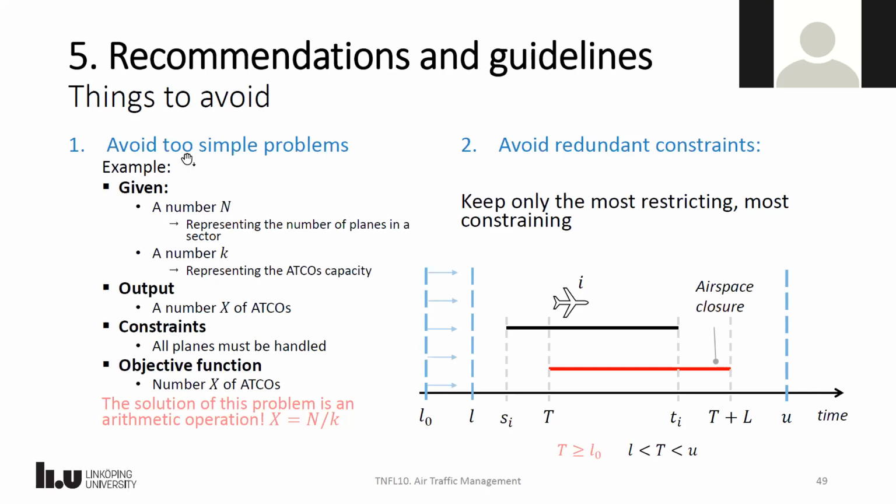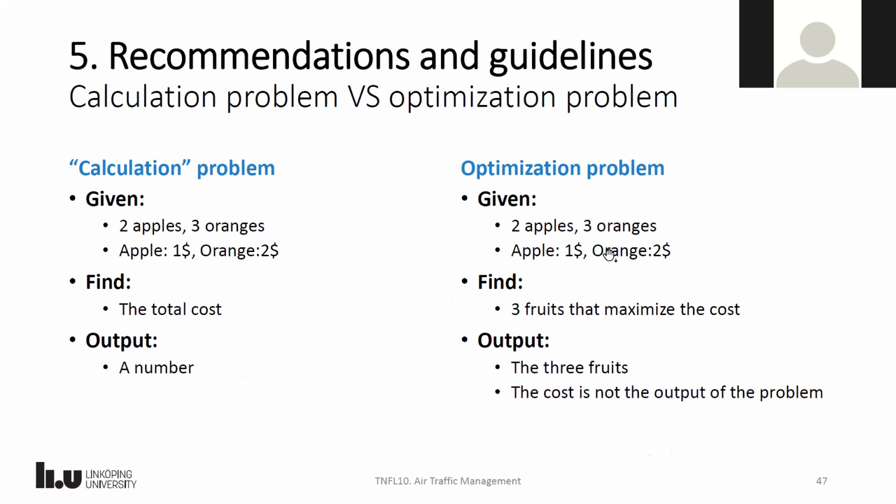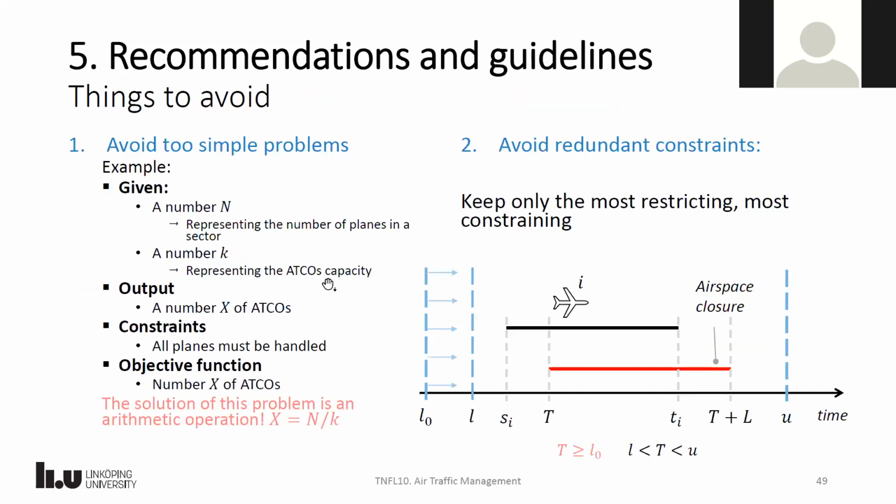The solution here is just to divide the number by the capacity, and you have the number of traffic controllers. This would fall in the category of these problems over here. So avoid these kinds of problems that are too simple and have nothing to optimize. And the second recommendation would be to avoid redundant constraints.